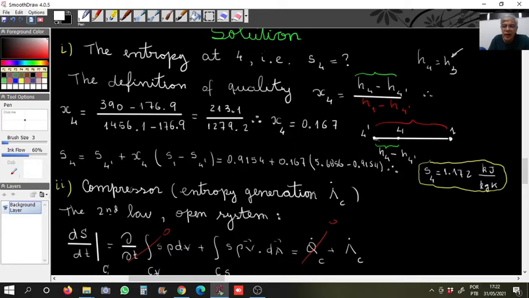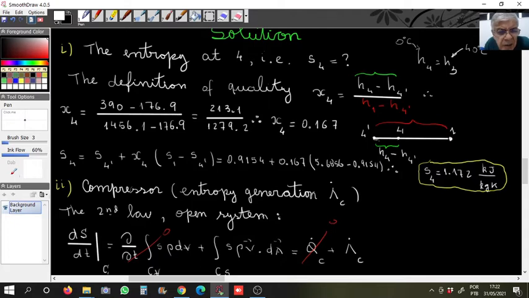H3 is sitting on the liquid line, and I get it from the table. Attention: the table is at 40 degrees, while H4 is at 0 degrees, but they are the same. So I go there and bring from the table H3, which is equal to H4. Look, it's right here.